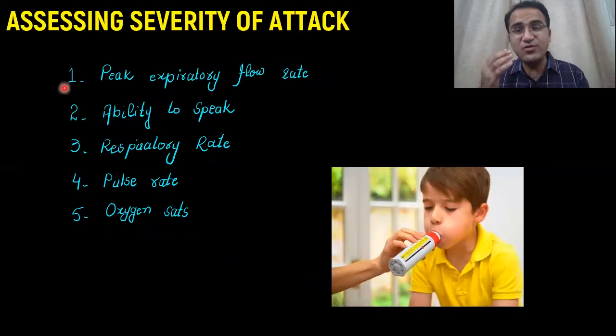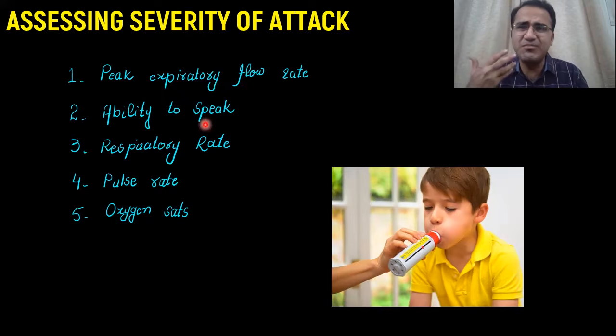How to assess the severity of asthma? You assess it with a device called a peak flow meter. The patient exhales, and by exhaling you record the peak expiratory flow rate. Since asthma is an obstructive disease, in which expiration is obstructed, you can spot that on the peak expiratory flow rate.